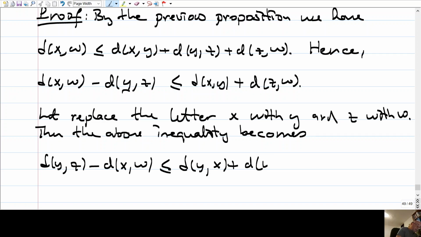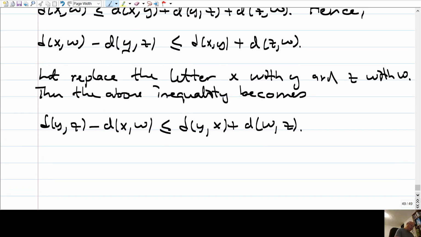Instead of z, I write w. And instead of w, I write z. What happened? Well, you see, this expression is just the negative of this expression, right? Exactly the same, but with a minus sign in front. So I have minus, this is just minus d(x, w) minus d(y, z).